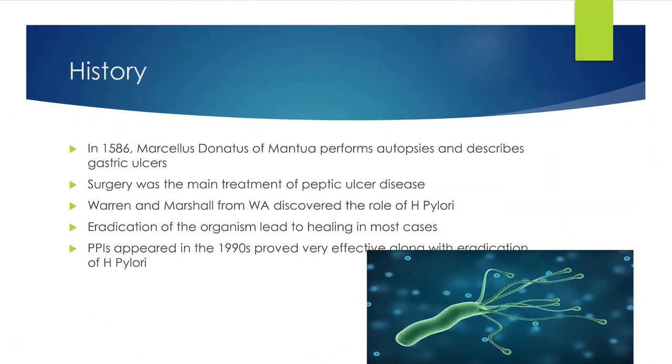Historically, the first time ulcers were mentioned was by Marsilius in the 16th century, who described a gastric ulcer on an autopsy specimen.